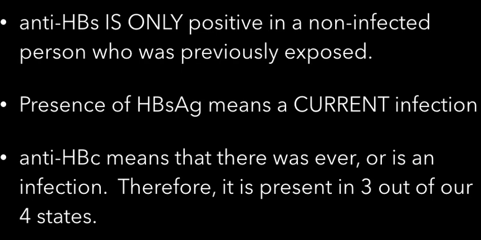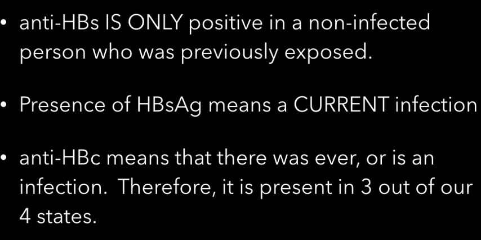So you have 2 situations where you have anti-HBs positive, and that is a vaccinated person and someone with natural immunity to hepatitis B. Presence of HBsAg means a current infection, which means that you cannot have HBsAg positive in a vaccinated person or someone with natural immunity.